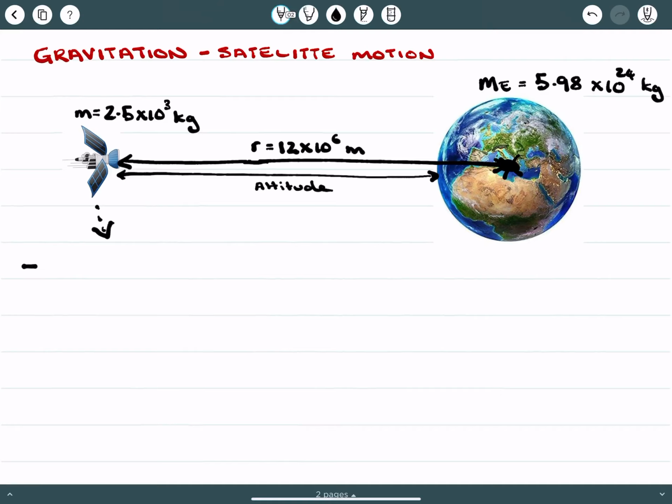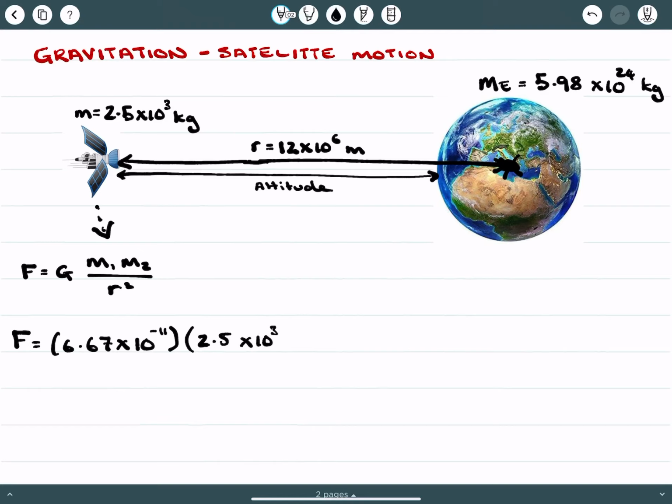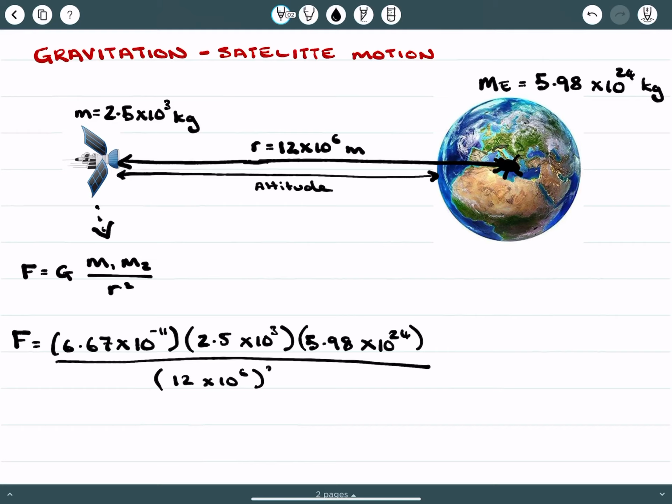But we're going to use Newton's law of universal gravity here, F equals G m1 m2 over r squared, and we must remember that when we're working with Newton's universal law of gravity, you really want to make sure that you're squaring your radius. So we're going to put in all our values here: mass of the satellite, mass of the Earth, and we'll put it all over the radius, and we have to make sure we square that.